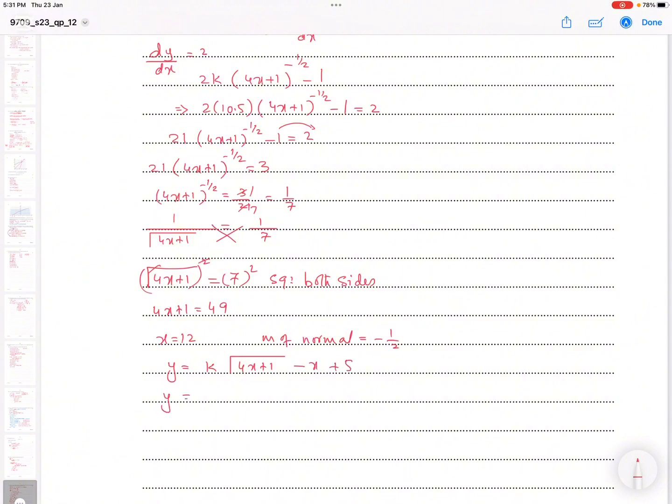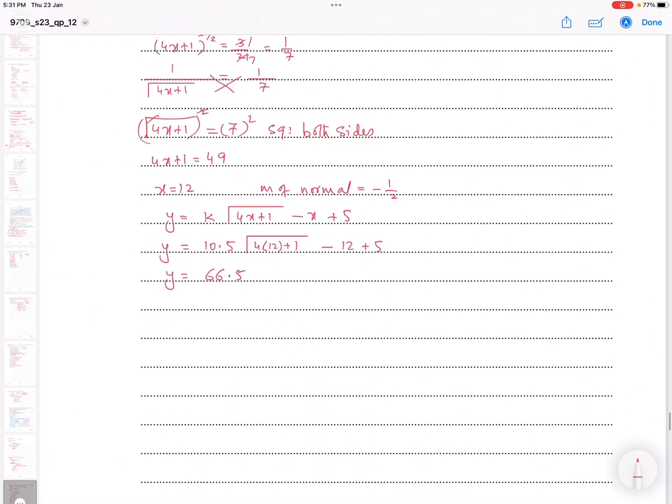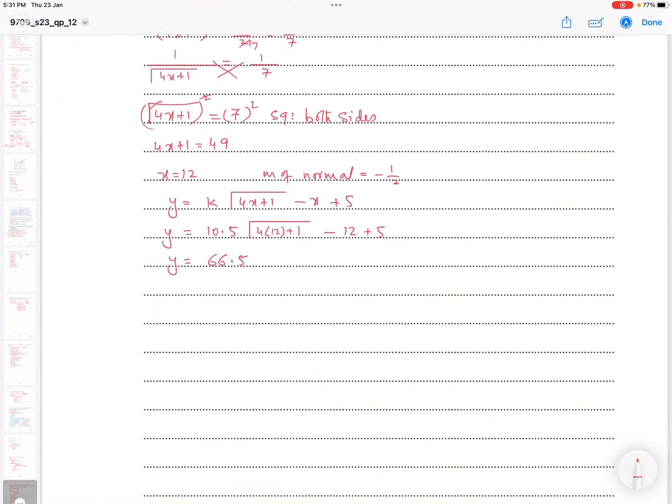So y is equal to 10.5, and for x you write 12, which you just found out, plus 1, minus 12 plus 5. So your y is equal to 66.5. And you can say that y minus 66.5 equals minus 1 over 2 (x minus 12).